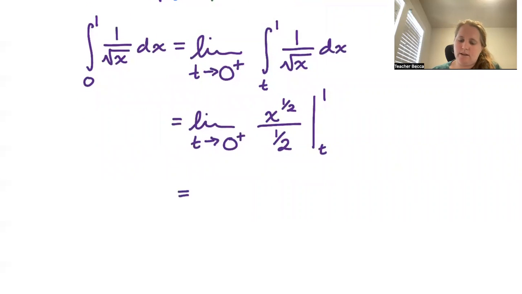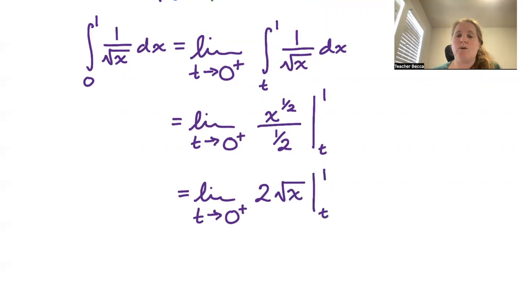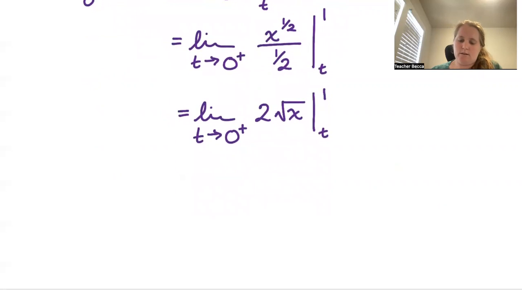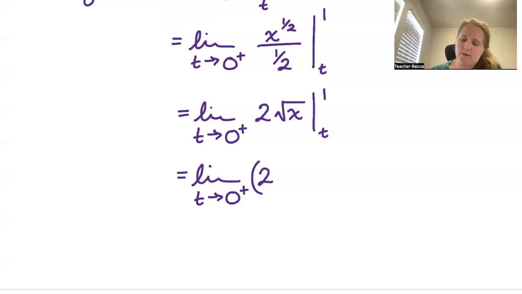So we are looking at the limit as t goes to 0 from the positive side of 2 times the square root of x, evaluated at t and 1. This is, of course, the limit as t approaches 0 from the positive side of 2 minus 2 times the square root of t. 2 times the square root of t will go to 0 as t goes to 0.